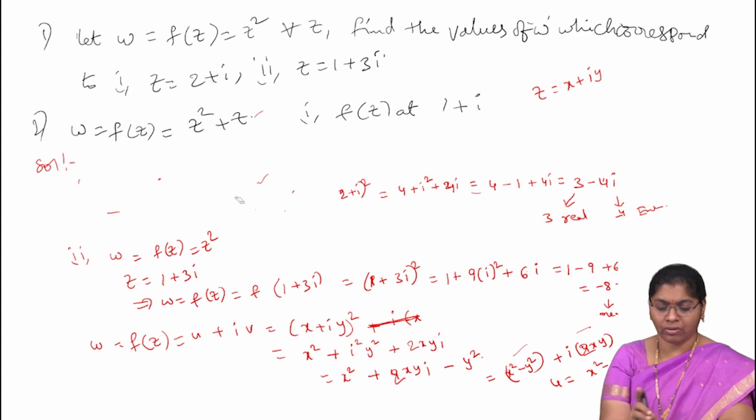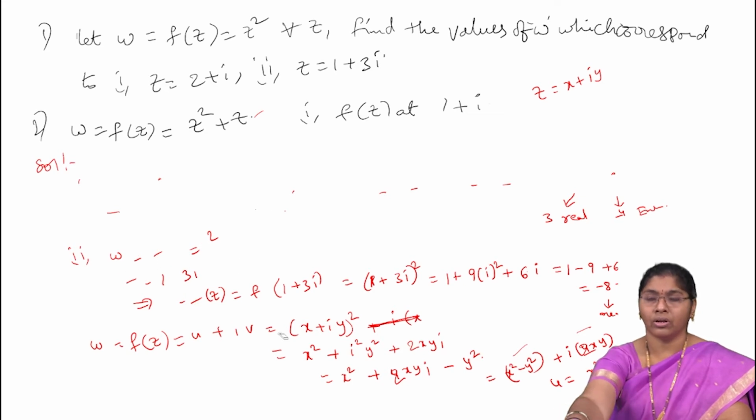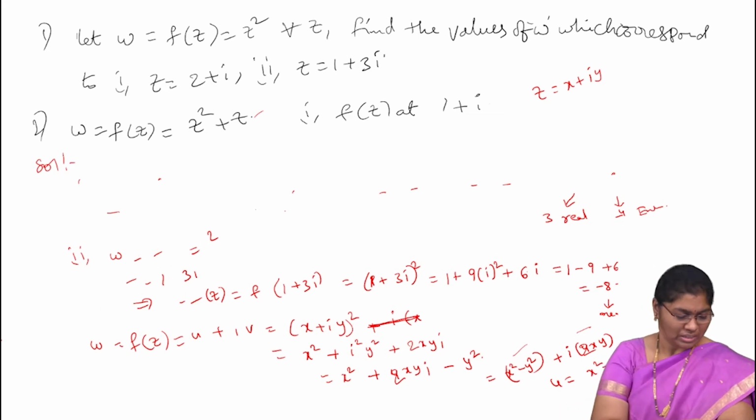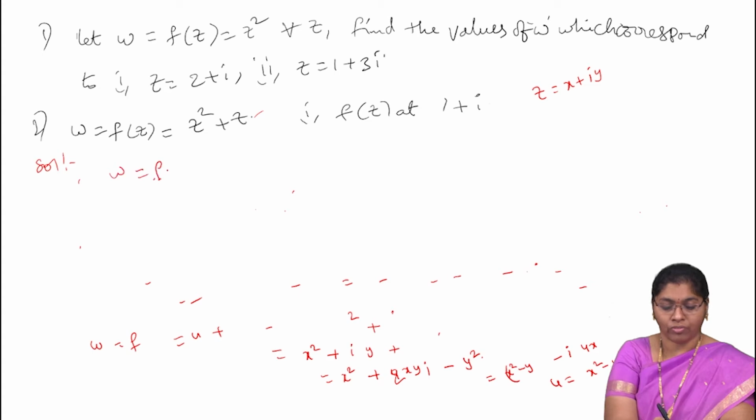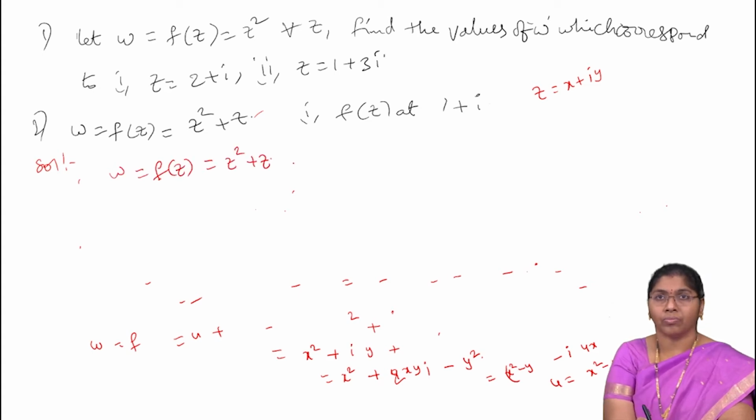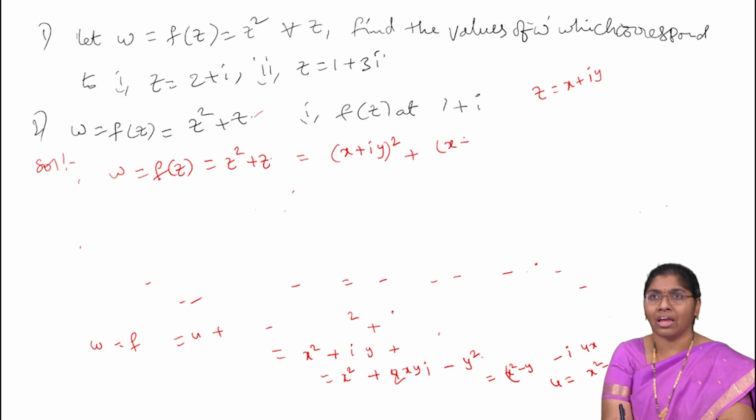Next, what about the second one? In terms of z, the next one is w equal to f of z equal to z square plus z. That means x plus iy whole square plus x plus iy.